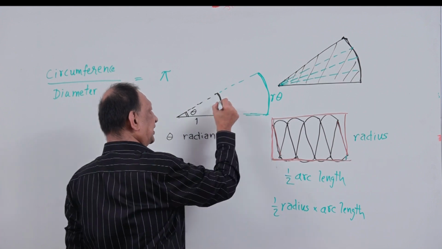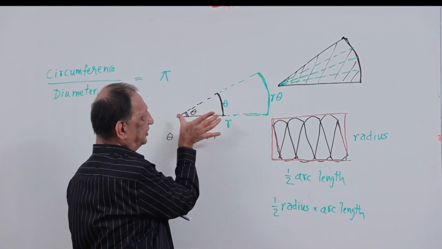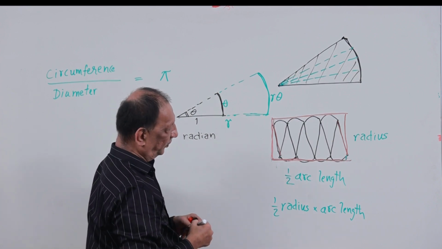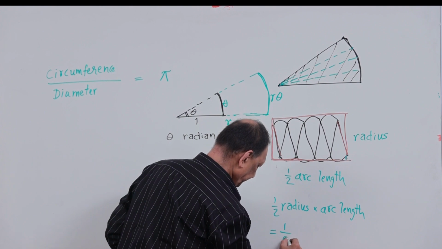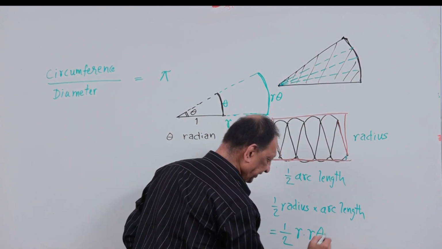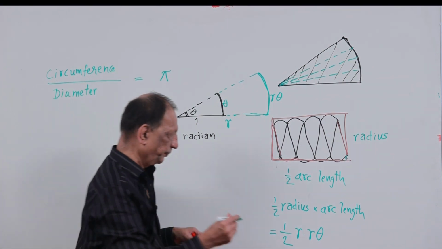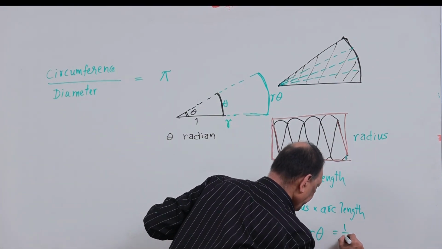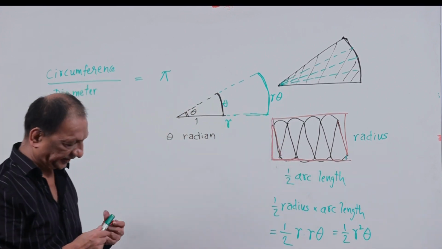This arc length is theta, and that is r theta, because it's proportional to the radius. Correct? So therefore, what is the area of the sector? Half radius multiplied by arc length, which is r theta, which is half r squared theta. Half r squared theta is the area of a sector.